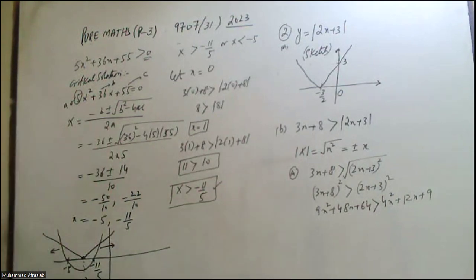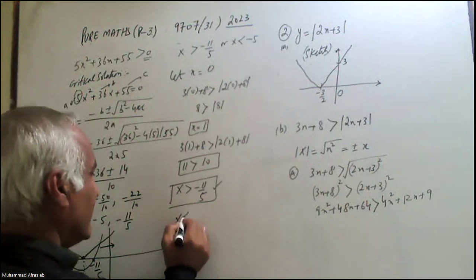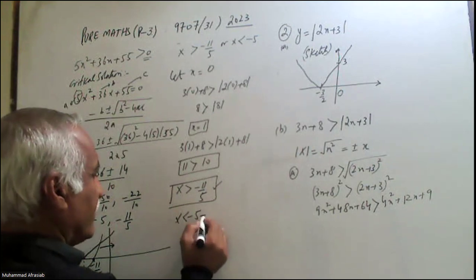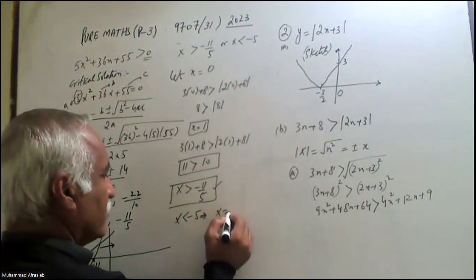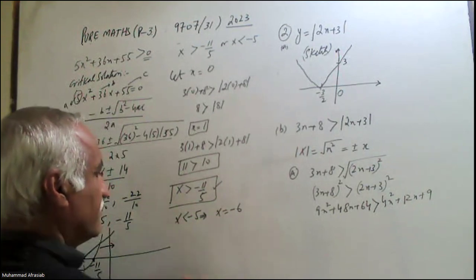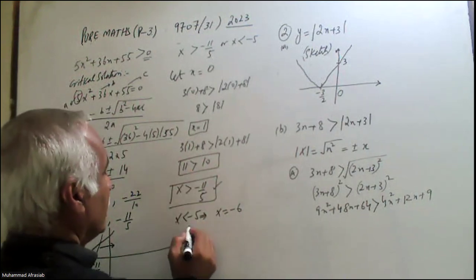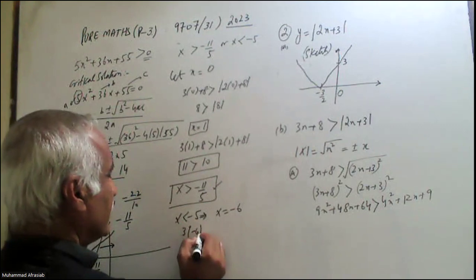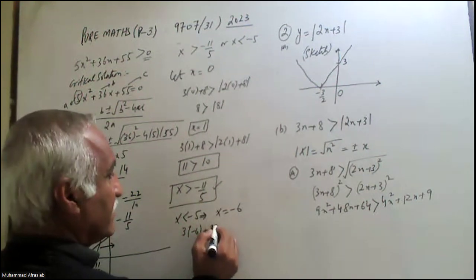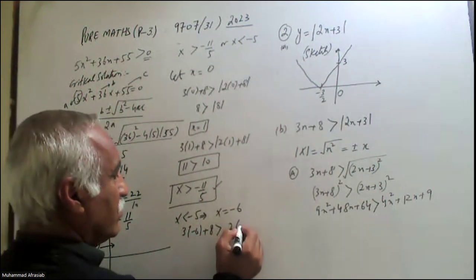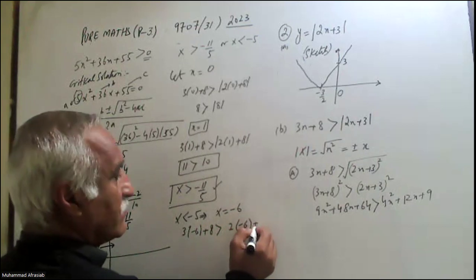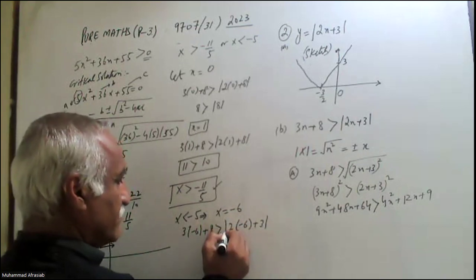Now we will recheck the answer for the second part, that x is less than minus 5. Let's say x is equal to minus 6. Now you put minus 6 into this calculation, then 3 into minus 6 plus 8 is greater than 2 into minus 6 plus 3 modulus.